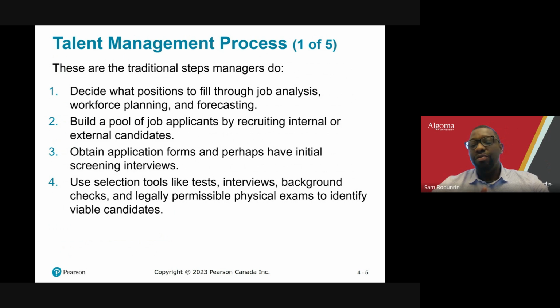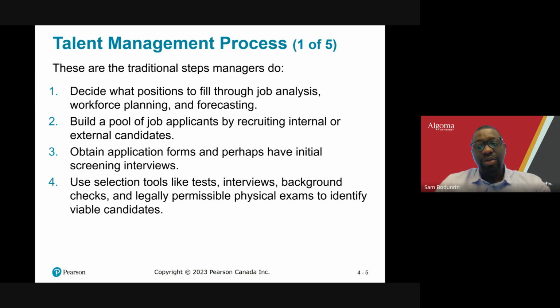They can look internally at readily available talent within the organization, or they can advertise through external means or through social media. Get the application forms ready for the applicants. They can also do interviews, background checks, reference checks, and other types of exams, whether physical examination or medical test or whatever it is.